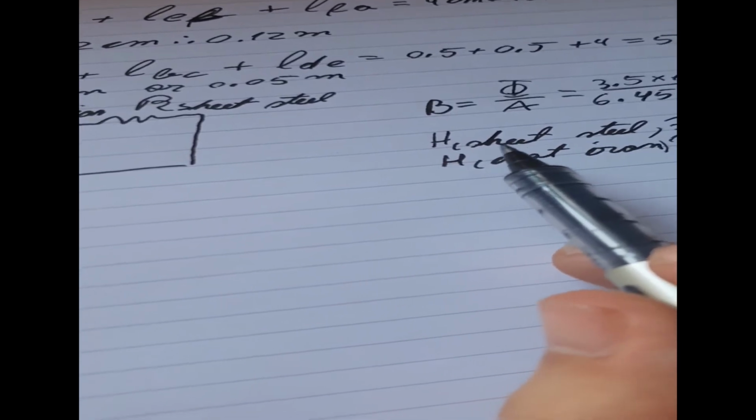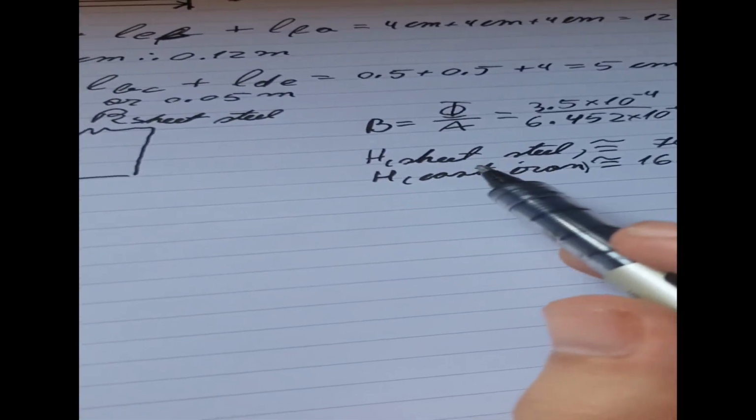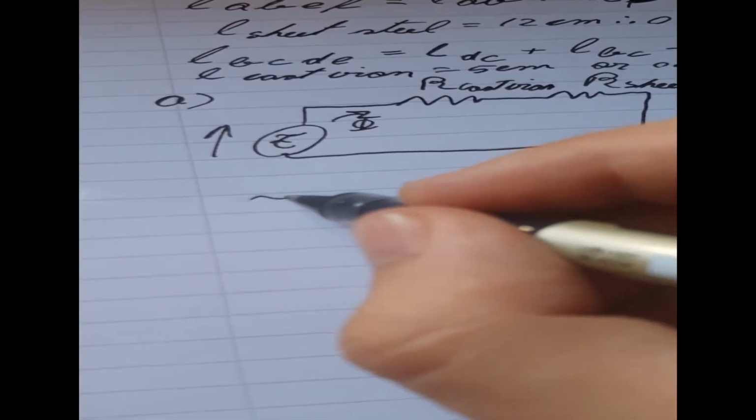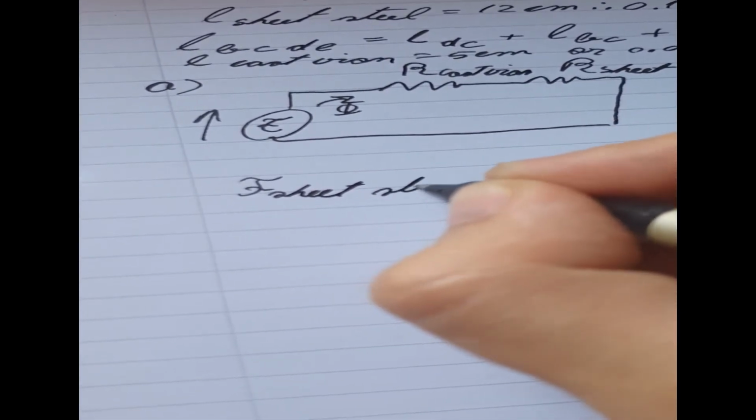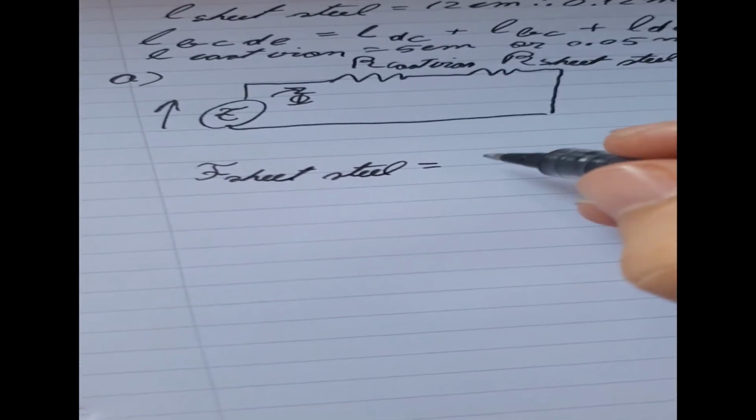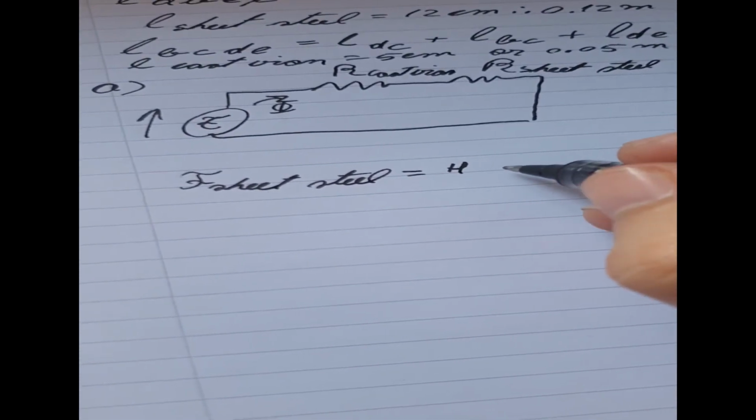So we know the magnetic force, so that will be easy to determine, because it's basically the magnetic force multiplied by the length. So let's say for sheet steel, it's equal to the magnetic force H multiplied by the length.